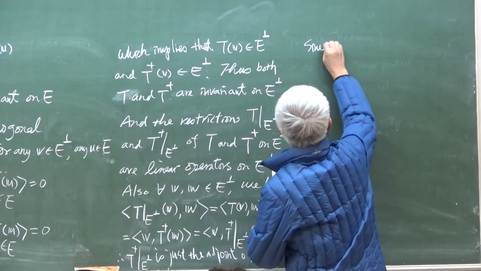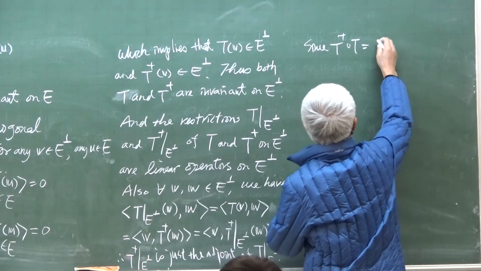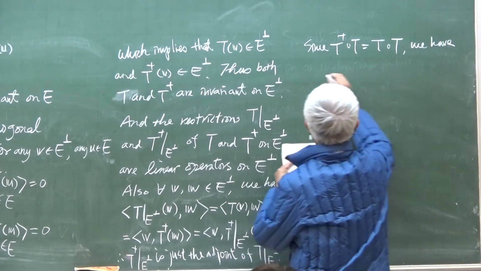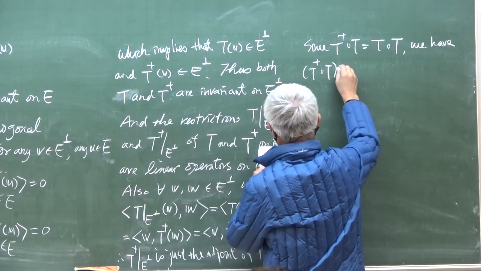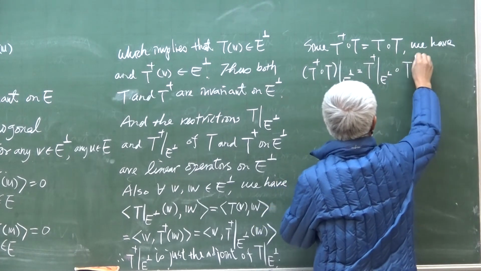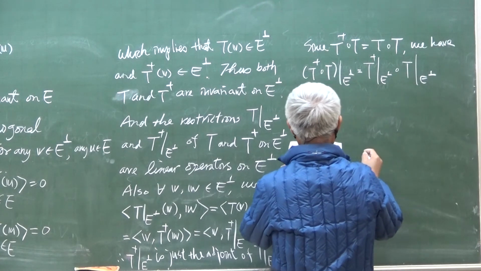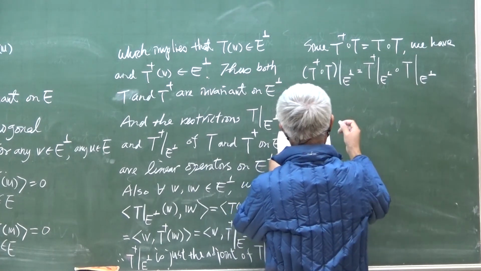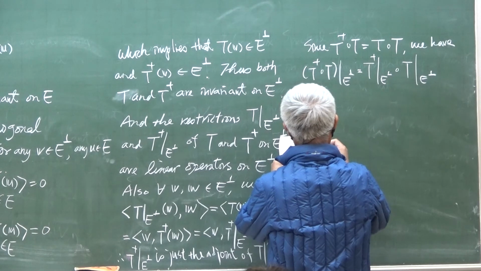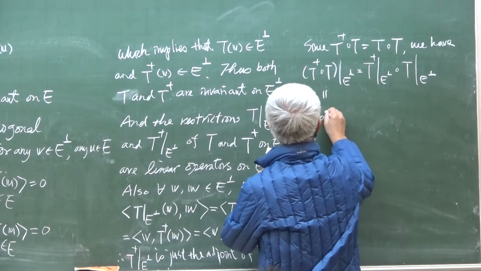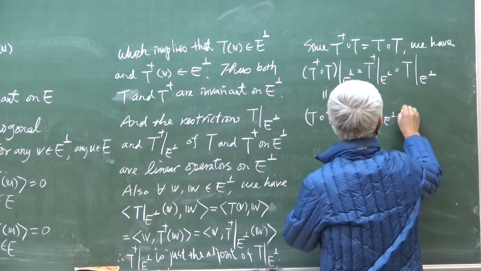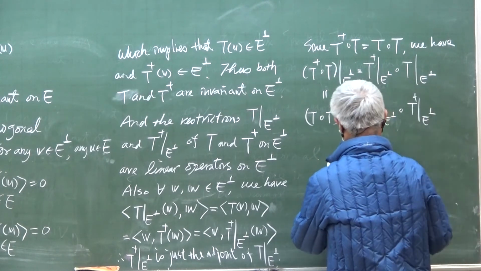And because T is normal, we have the restriction to E perp. So this is T dagger restricted to E perp times T restricted to E perp, and this is equal to T restricted to E perp times T dagger restricted to E perp.